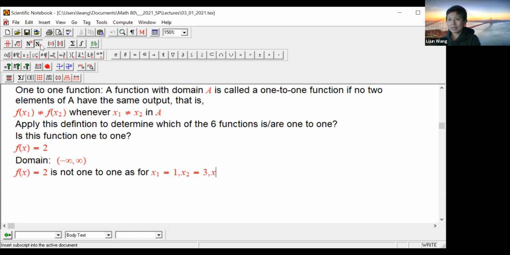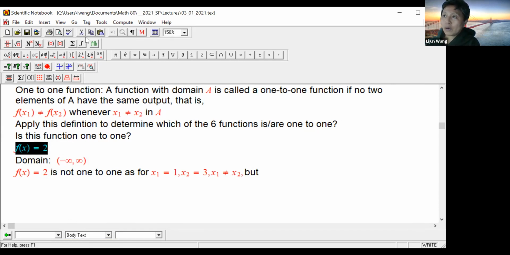Even though x1 is not the same as x2, their output are the same. So you have a pair of different inputs, but their output are the same.